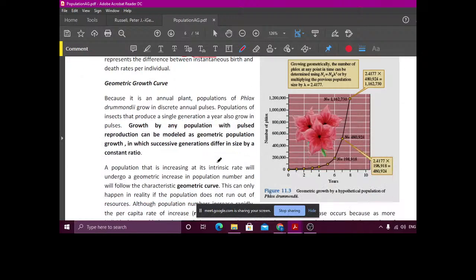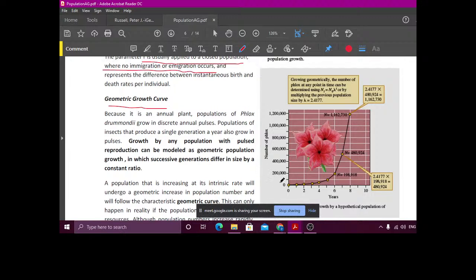Now let us go to the geometric growth curve. This is a geometric growth curve. See, it keeps on increasing. First it is slow, then suddenly it starts to grow like this. It keeps on growing geometrically.